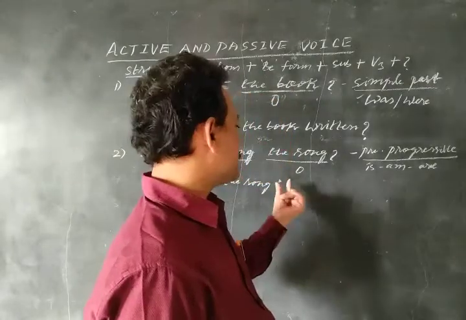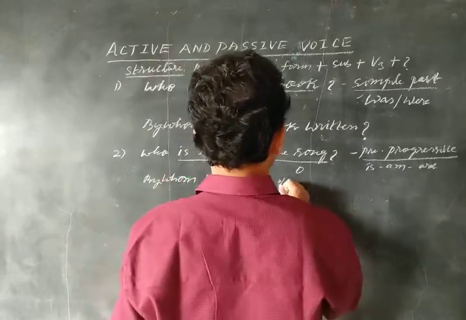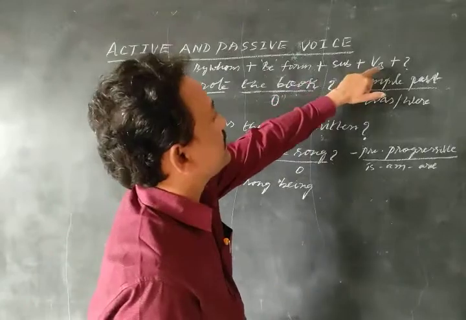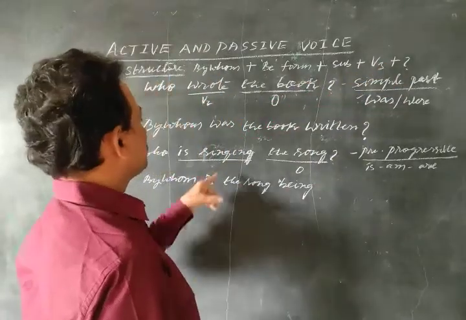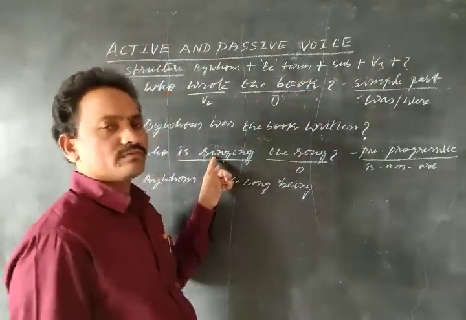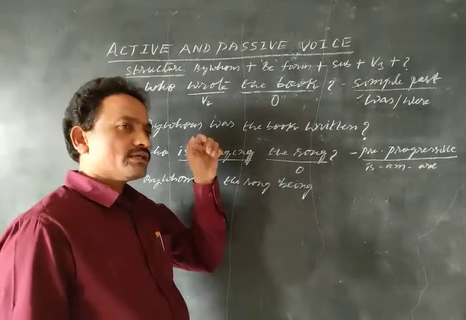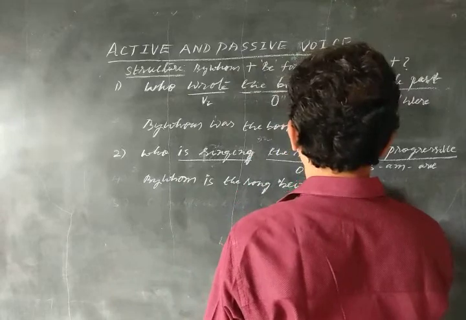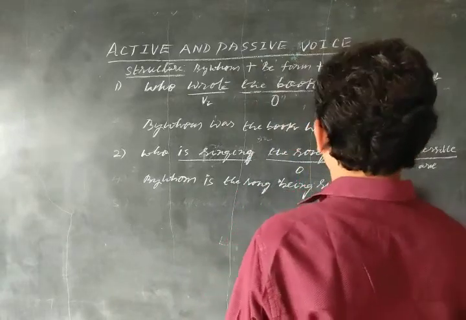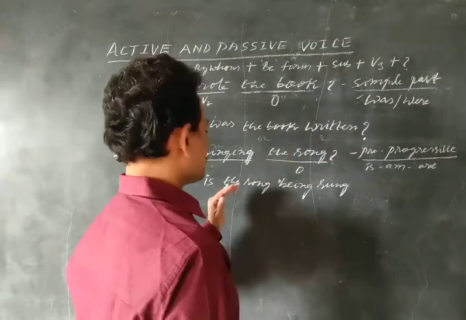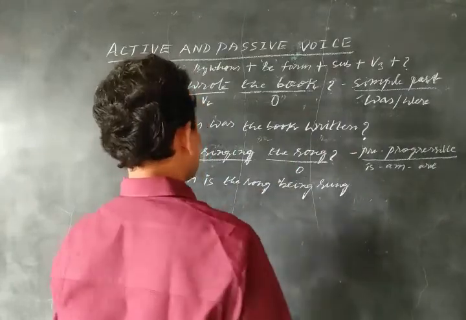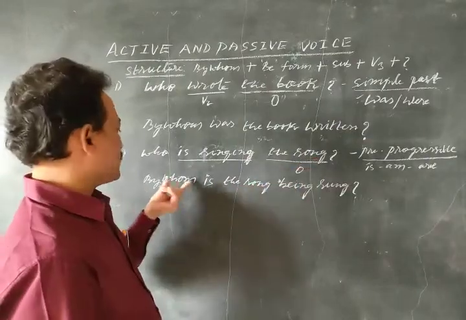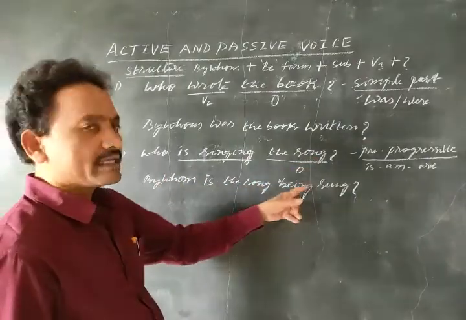So that's why being is written here. Song, being. Next, V3. Sing is the main verb. What is V3? Sing, sang, sung. Being sung. By whom is the song being sung? That's all. Question mark. Who is singing the song? By whom is the song being sung?